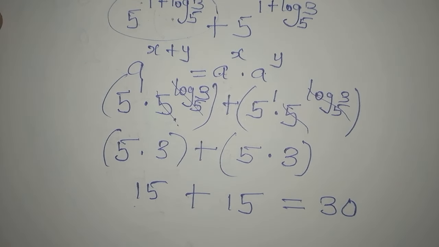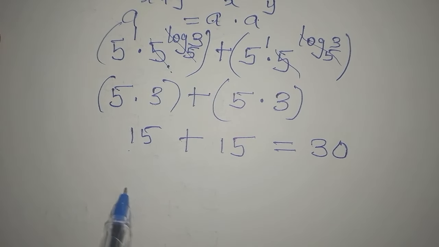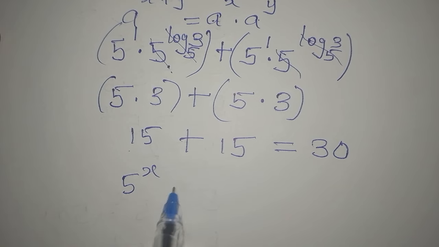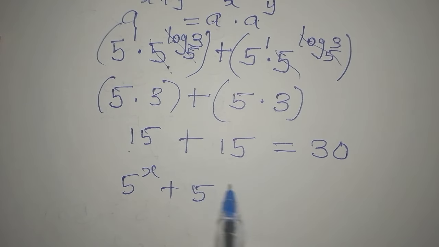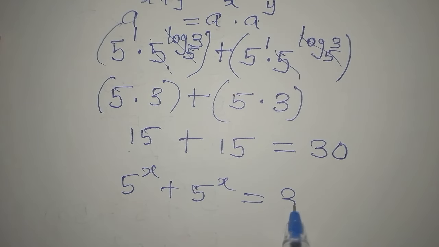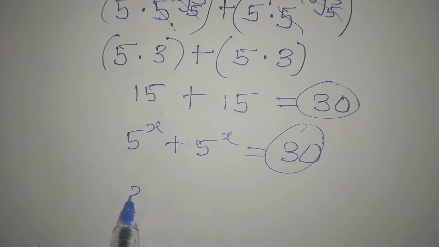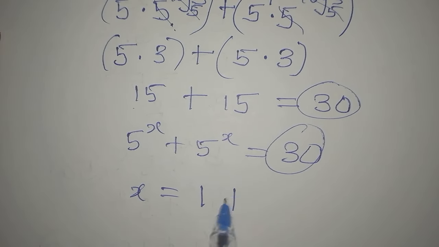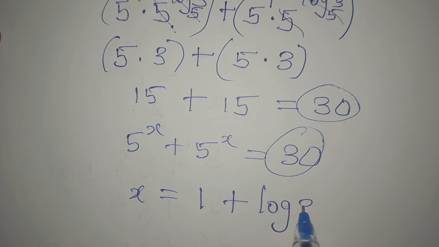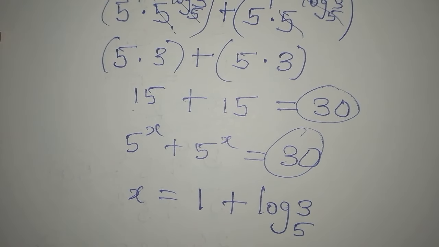And that is all we had on the right hand side of the equation, because our 5 to the power of x plus 5 to the power of x equals 30. Right? So we are very correct to say that our x is equal to 1 plus log 3 to the base of 5.